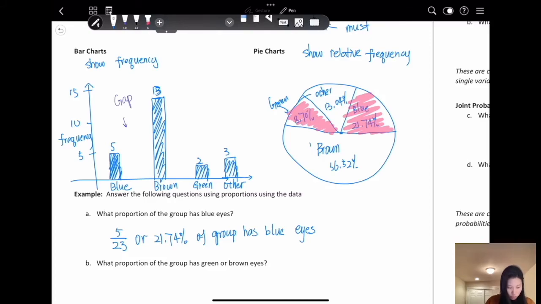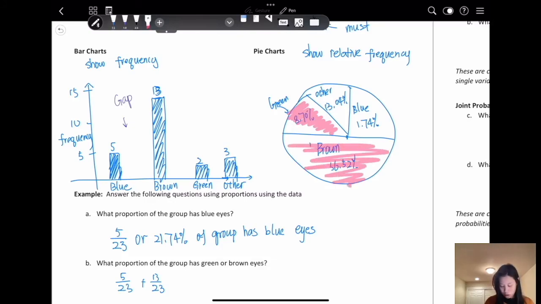You can easily do 2/23 plus 13/23, which means it's these two parts, which is equal to 15/23. Or you can use the percentages, which is 8.7% plus 56.52%, equal to 65.22%.